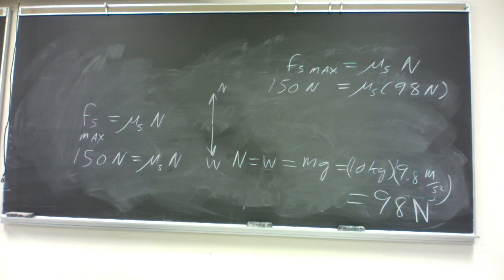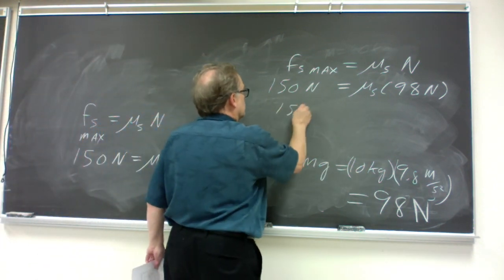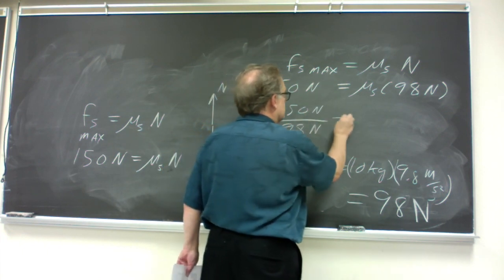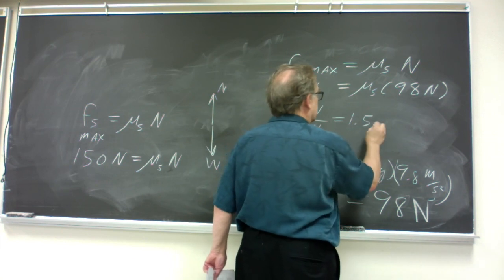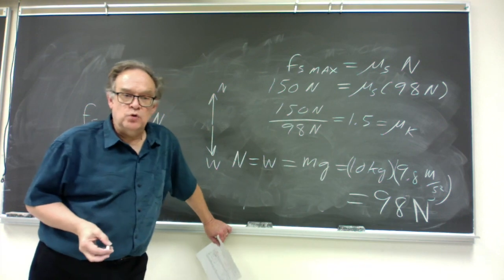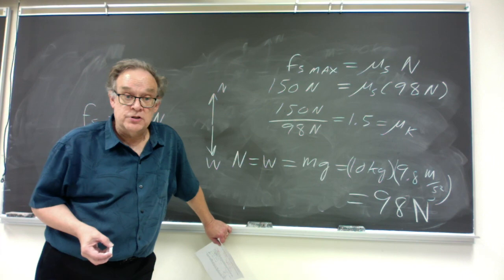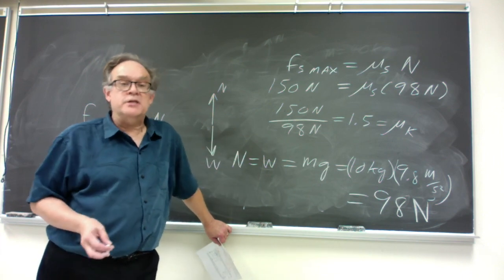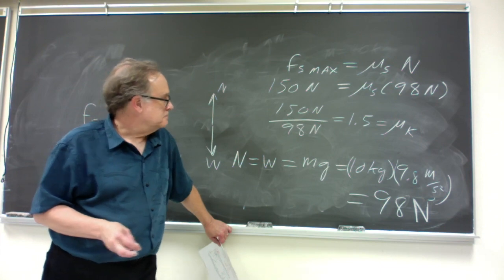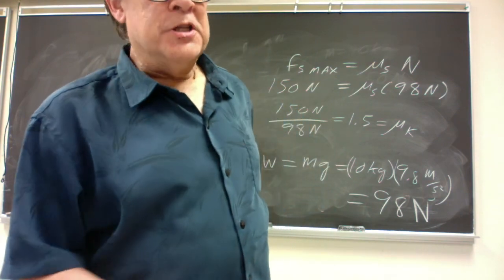And so in this case, coefficient of friction is 150 newtons divided by 98 newtons, about 1.5, which when you get used to seeing a whole bunch of different numbers for coefficients of friction, that's a very, very sticky, rough surface. So you'll see more of this in class.